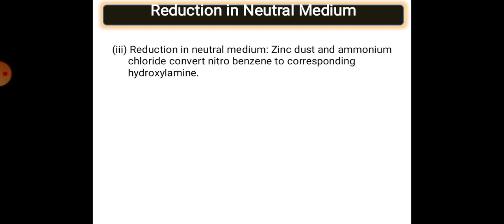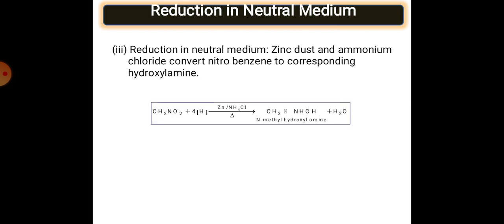Now the third one, reduction in neutral medium. For neutral medium we use zinc as a metal, and ammonium chloride, NH4Cl. So nitro compounds in the presence of hydrogen are converted, but the product of this reaction is a hydroxylamine, that is NHOH. This is the product obtained.